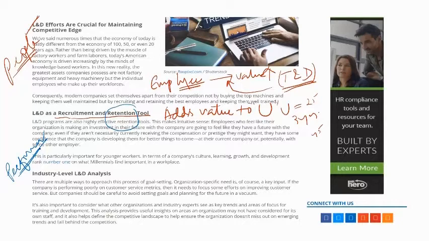And the next one we look at is the industry level training and development analysis. Now, what does this mainly focus on? The organization output.